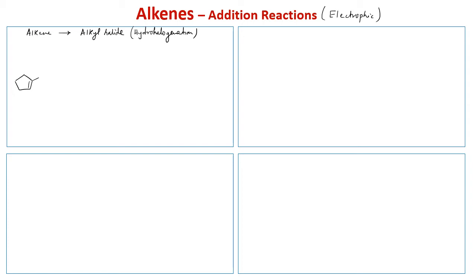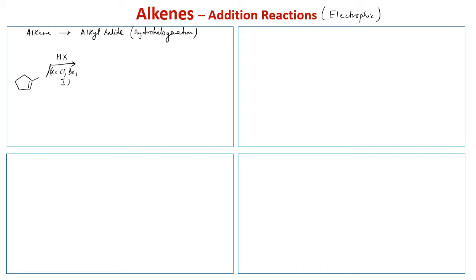For doing a hydrohalogenation, you react the methylcyclopentene with an HX, where X is chlorine, bromine, or iodine. Again, fluorine is not included here because we will not be discussing fluorocompounds.